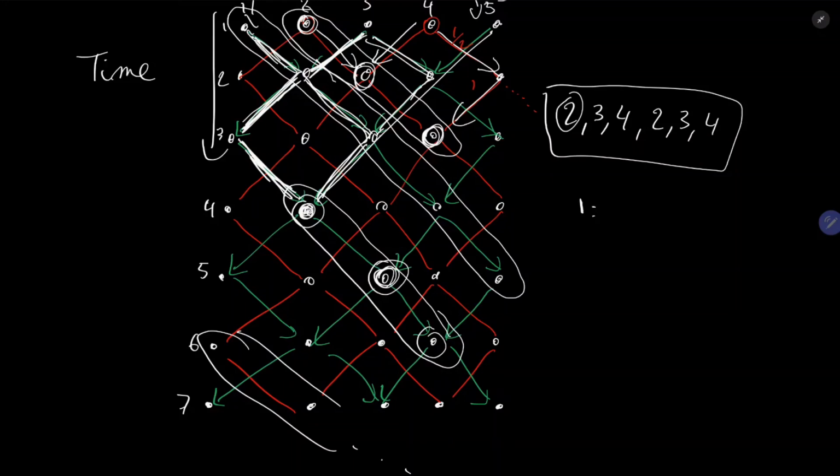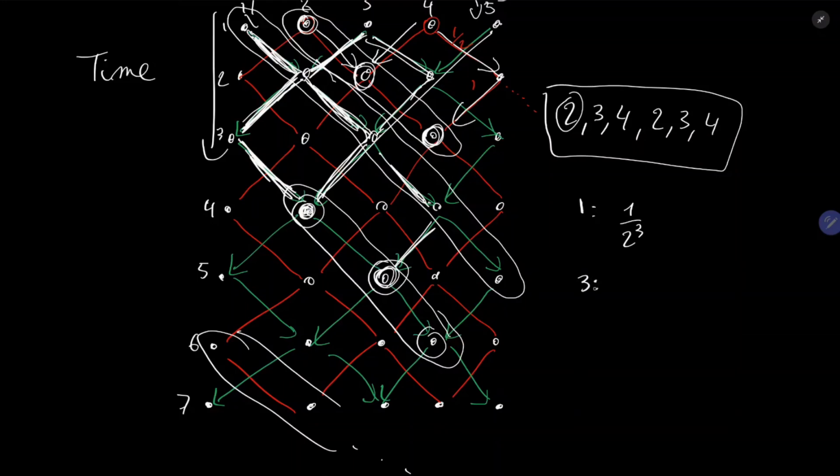So the possible path is this one, probability of 1. This one, probability of 1/2. This one, probability of 1/2. And this one. So in total, we have 1, 1/2, 1/2, 1/2. So 1 divided by 2 to the power of 3. And it seems like that's the only possible path if we start from hole number 1.